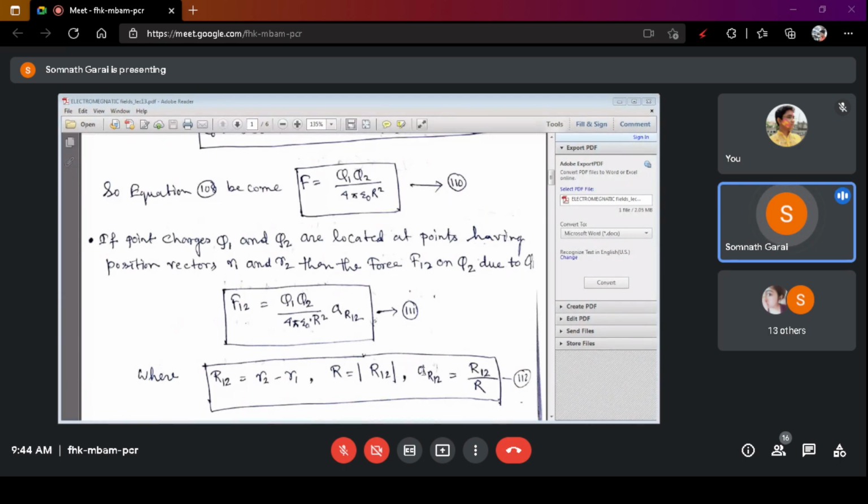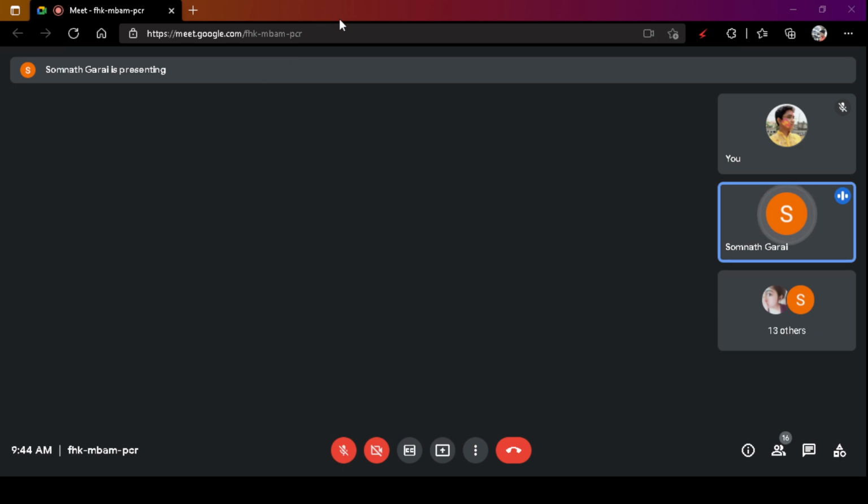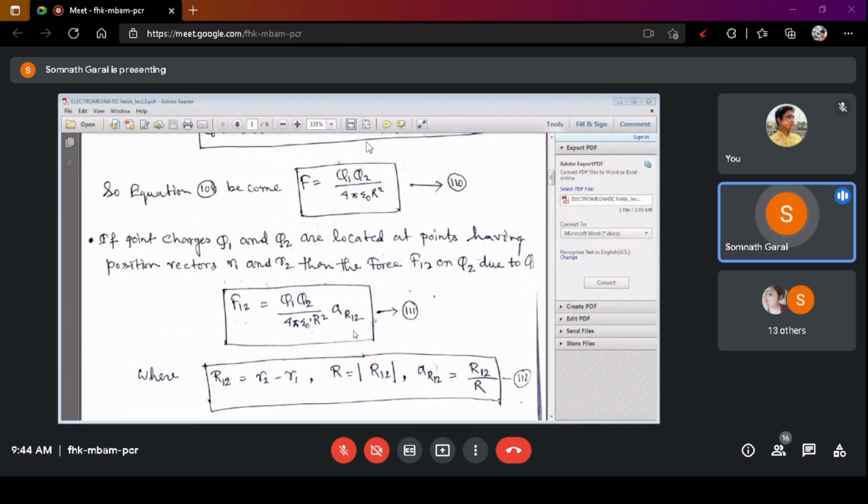So AR12, the unit vector of the force F12, is defined by R12 by R. This R is equal to the modulus of R12.